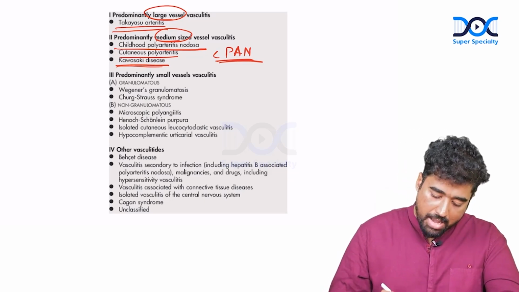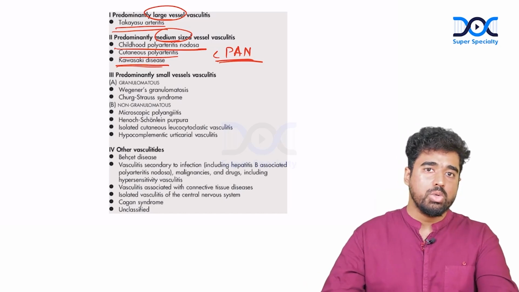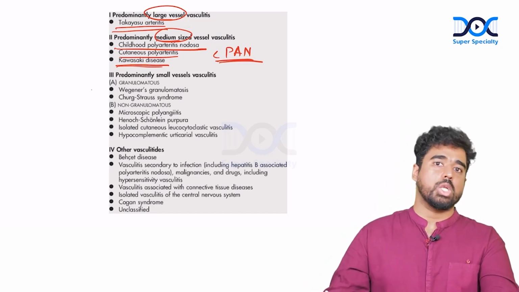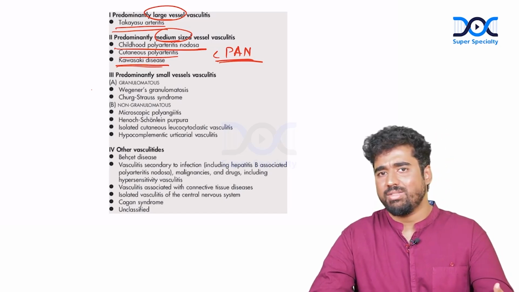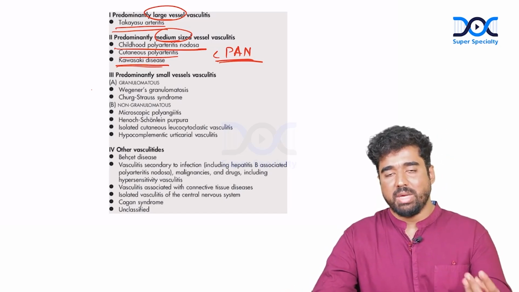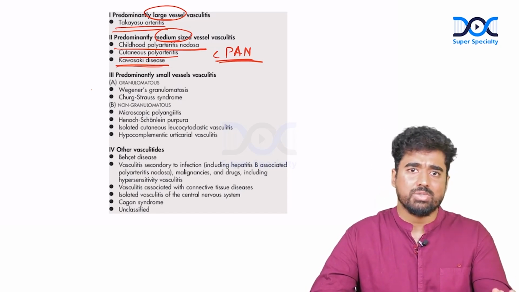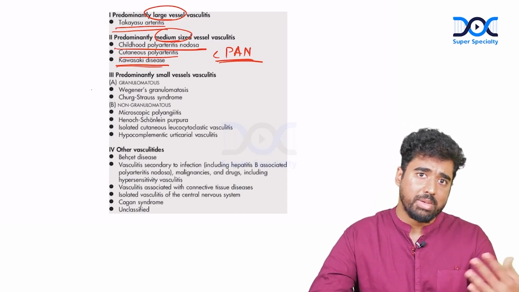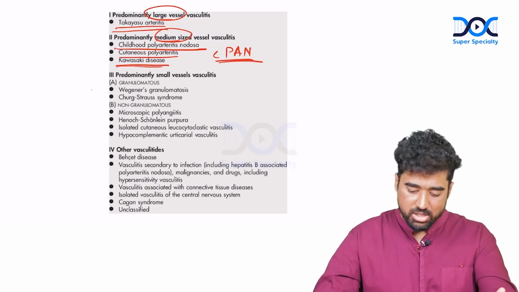Among small vessel vasculitis, you mainly have to divide them into two, granulomatous and non-granulomatous. If you remember your days of reading Robbins, there are mainly three small vessel vasculitis which you used to read: microscopic polyangiitis, granulomatosis with polyangiitis, previously called Wegener's, and the third one, Churg-Strauss syndrome or EGPA.